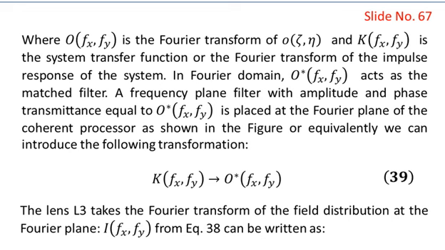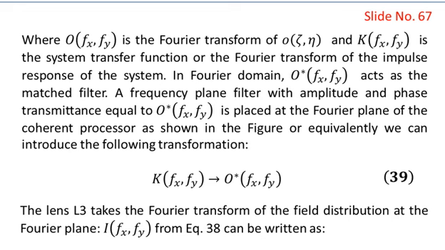In the Fourier domain, O star, which is the complex conjugate of capital O at the frequency plane fx, fy, acts as the matched filter. So look very carefully: the complex conjugate of the spectrum of the small object O acts as the matched filter.